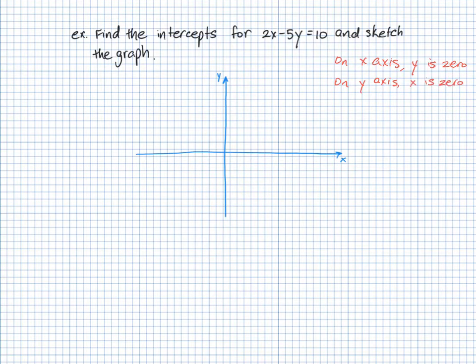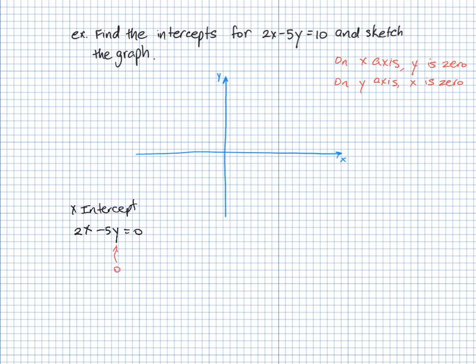All right, so let's use that point to figure out the x-intercept and the y-intercept. So let's start with the x-intercept. We have an equation, 2x minus 5y equals 10. And I want to figure out where it's crossing the x-axis. So if I want to figure out where it's crossing the x-axis, I can make my y value equal to 0.